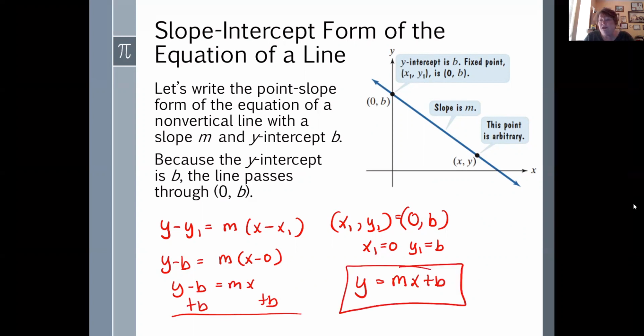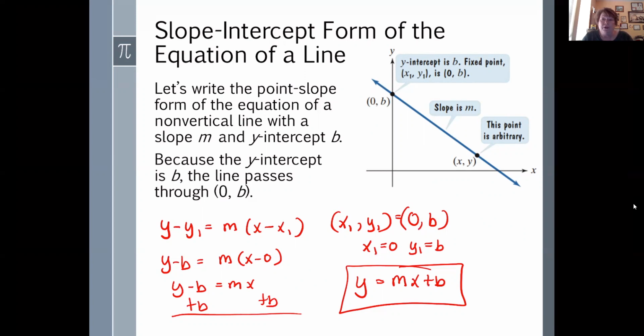So when your equation is solved for y, which we did on our previous examples, we took the point-slope form and then removed the parentheses and solved for y. We were putting those equations in slope-intercept form. And it's called slope-intercept form because by just looking at the equation, you can determine what the slope is.